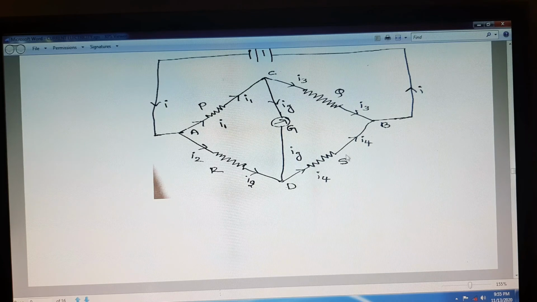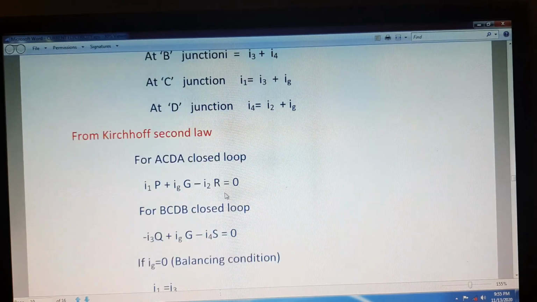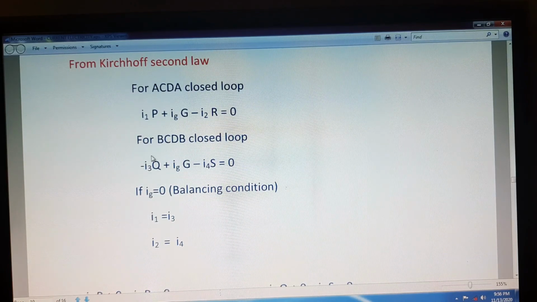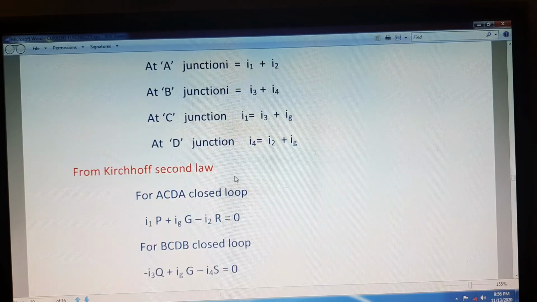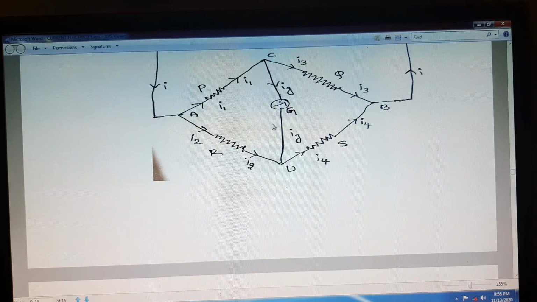Next, D to B, plus I4S is equal to 0. So for the BCDB closed loop, minus I3Q in the opposite direction, plus IgG, and also minus I4S is equal to 0.